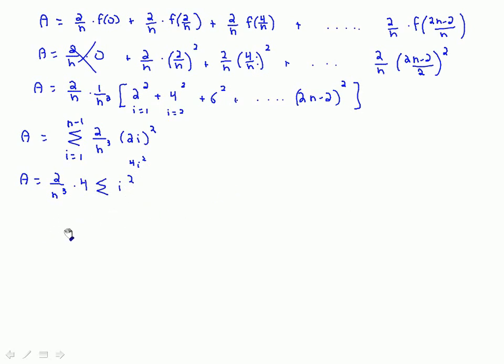Now remember the formula for breaking down something that's in i squared form. So this becomes, and be really careful, because the sigma of i squared is equal to n times n plus 1, and then we get 2n plus 1 over 6.